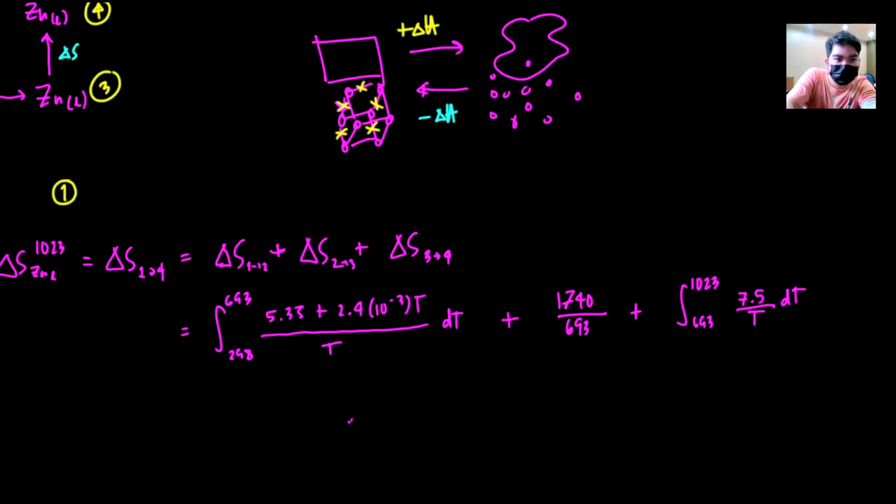Sir, may I ask a question? Sure, go ahead. I noticed that there is a letter T that is divided in the dT. The 693 is also divided by the latent heat of transformation or fusion.